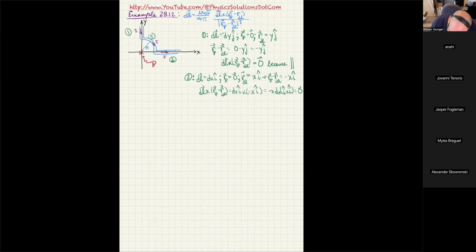Now my job is to figure out part 3, and I'm going to write part 3 in blue just because that's the one we're going to work with. In this case, the direction of the dl vector is going to be in our negative theta hat direction.